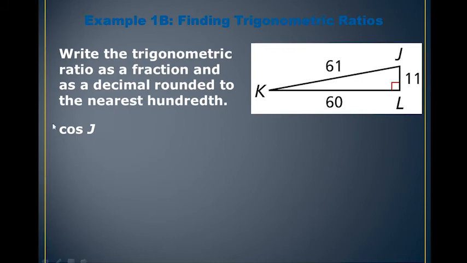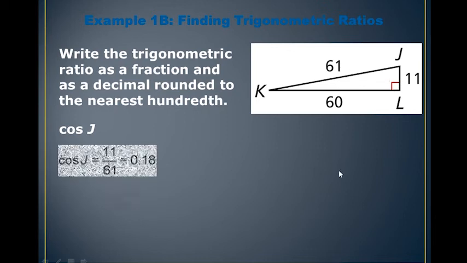Now we are finding cos J. Cos is base by hypotenuse. Here the base was 11 and the hypotenuse was 61. So cos J equals 11 by 61, and the answer is approximately 0.18.